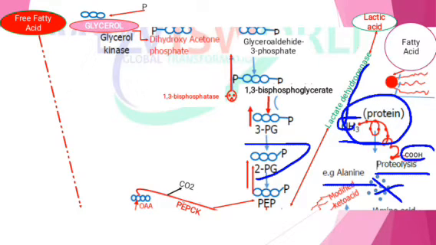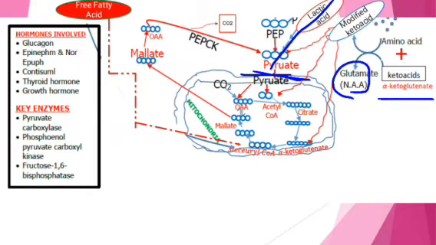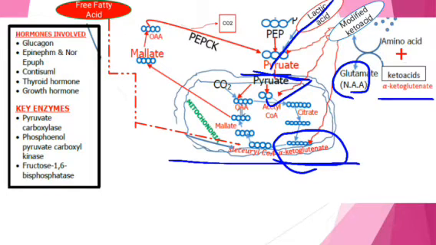Alanine then flows into the pathway with the following three fates. It's either converted directly to pyruvate, or converted to acetyl-CoA, or converted into alpha-ketoglutarate in the TCA cycle. Recall the TCA cycle takes place in the mitochondria.